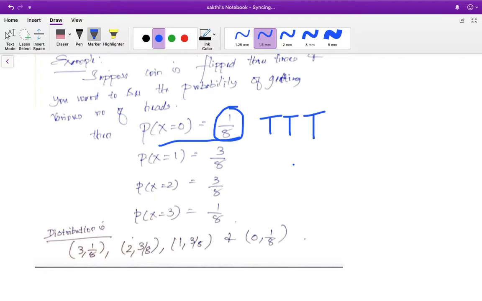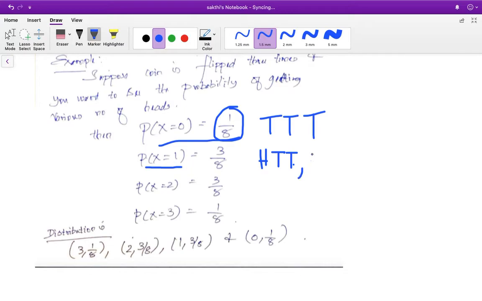That's all. And then what is P of X equal to 1? P of X equal to 1 is getting exactly one head. So one head is there and the other 2 are tails. How many choices can you have? One head and then 2 tails, that is HTT.